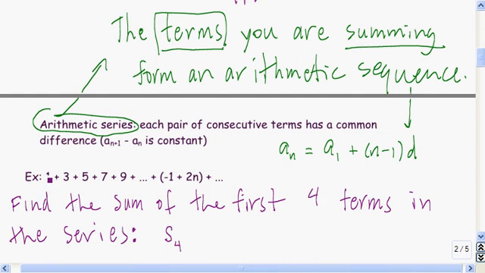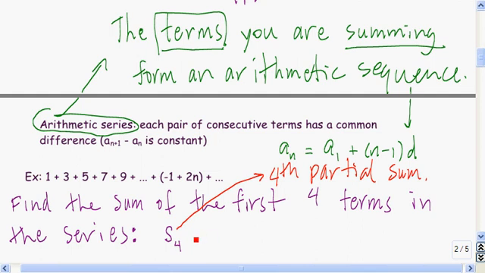We want the first term all the way to the 4th term, so that would be S sub 4. That's called the 4th partial sum. We'll just say find the 4th partial sum or find S sub 4.